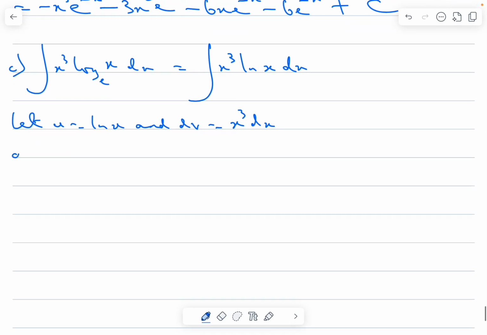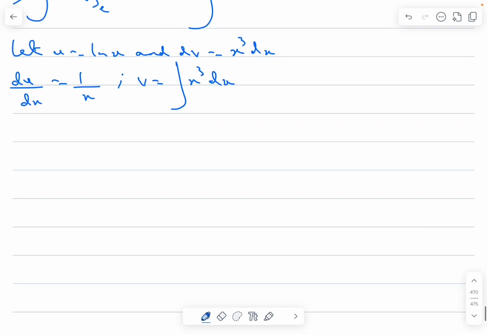So that simply means du/dx is equal to 1 over x, and v is the integral of x cubed dx, which means du is equal to 1 over x dx, while v is equal to x raised to the power 4 over 4 plus c.